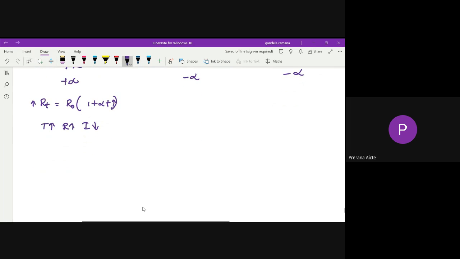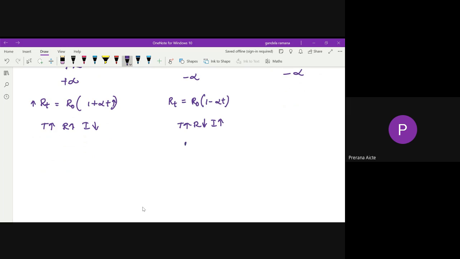How can you say negative temperature coefficient of resistance? RT equals R naught into 1 minus alpha T. When temperature increases, because of the negative sign, the resistance decreases and the current increases.